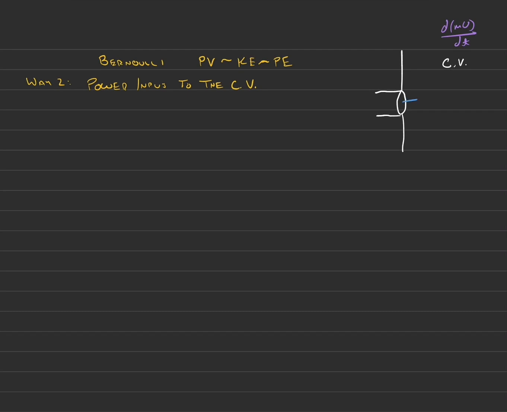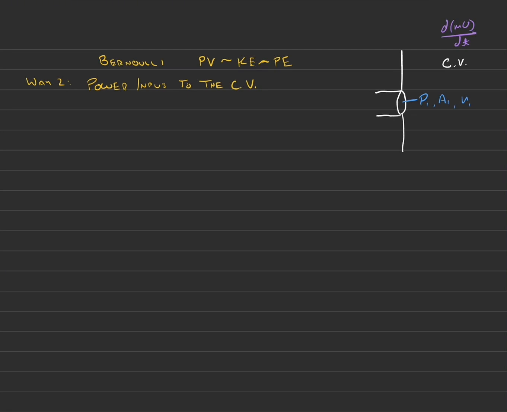And right here we've got a pressure, we've got an area, we've got a velocity. That fluid is moving, obviously, with that velocity into the control volume. So it's having to overcome pressure in order to do that, and that pressure it's overcoming is P1.